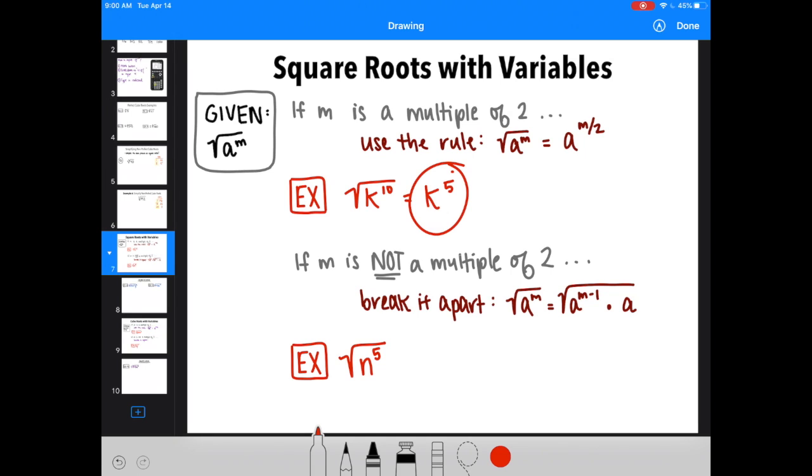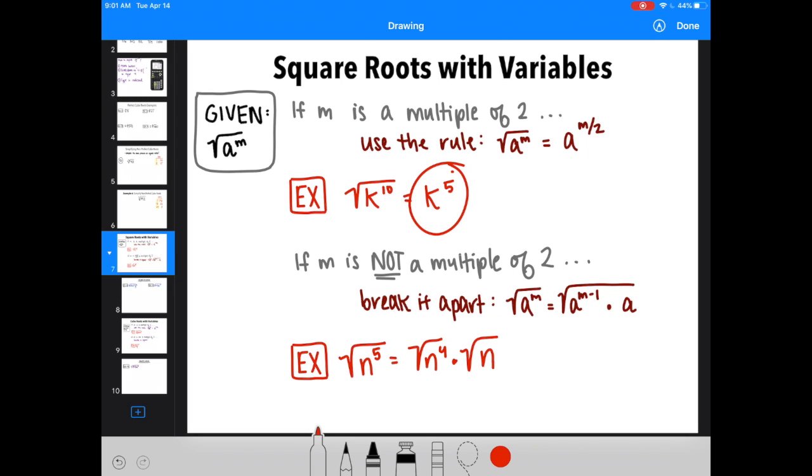So, for example, I have the square root of n raised to the 5th power. In order to make that value divisible by 2, I'm going to rewrite this as the square root of n raised to the 4th power multiplied by the square root of n.